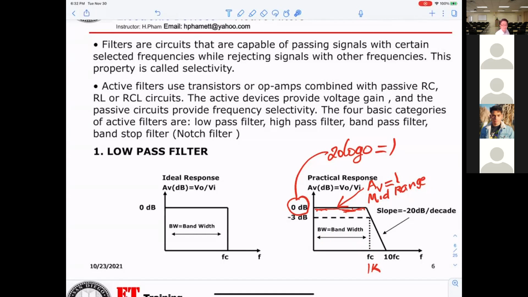After the cutoff frequency, whatever output, we don't care. They only care up to cutoff. So basically the bandwidth of the low pass filter will be from 0 hertz up to FC.